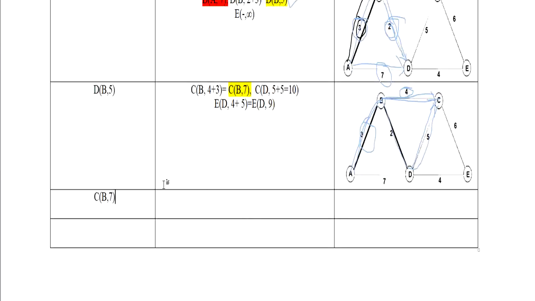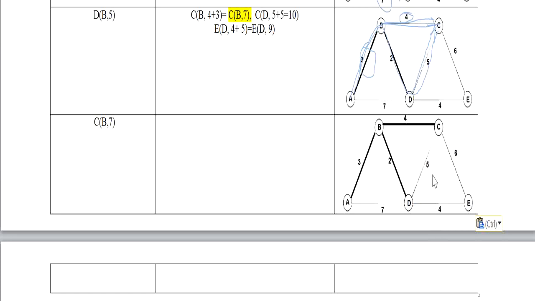Once I choose this, since C has been selected from vertex B, I have to plot a line from B to C. So I have drawn a line from B to C and its cost is 4.